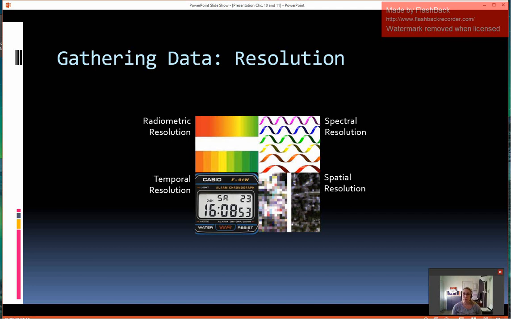That's the temporal resolution. And finally, the spatial resolution is what physical part of the Earth the sensor is actually taking a picture of. And to make it more complicated, spatial resolution can actually change depending on the spectral resolution that the actual lens of the sensor is taking in, and that can vary depending on the kind of image that it's capturing.